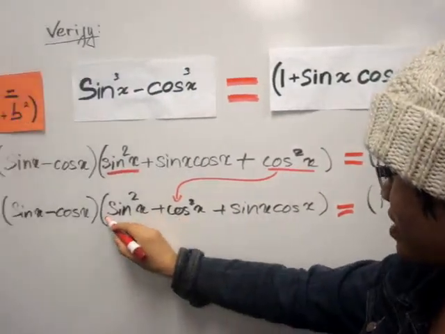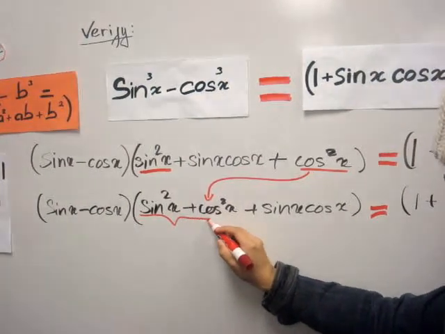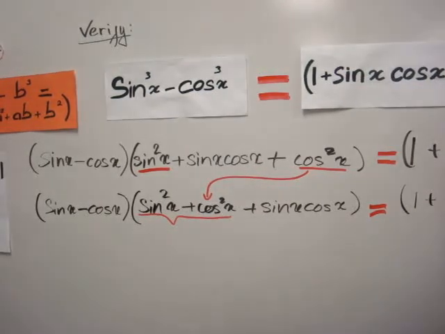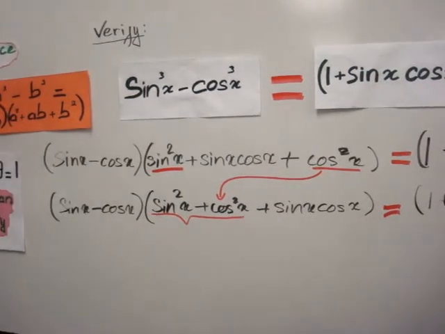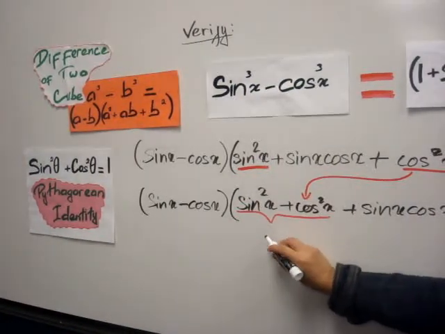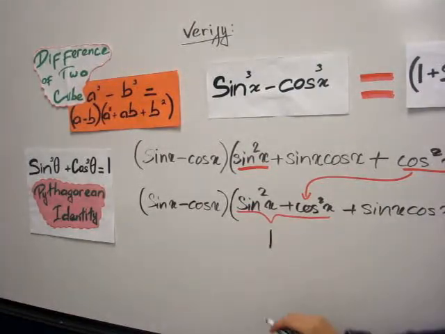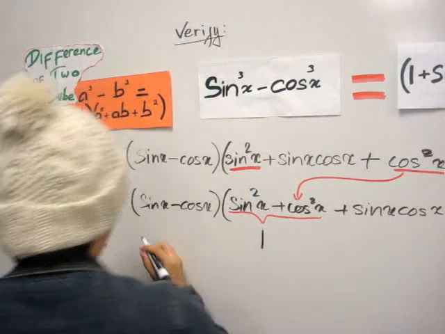We have this right here, which is the Pythagorean identity. It's going to equal 1, and we write the 1 right here, and the rest of the things we just write again.